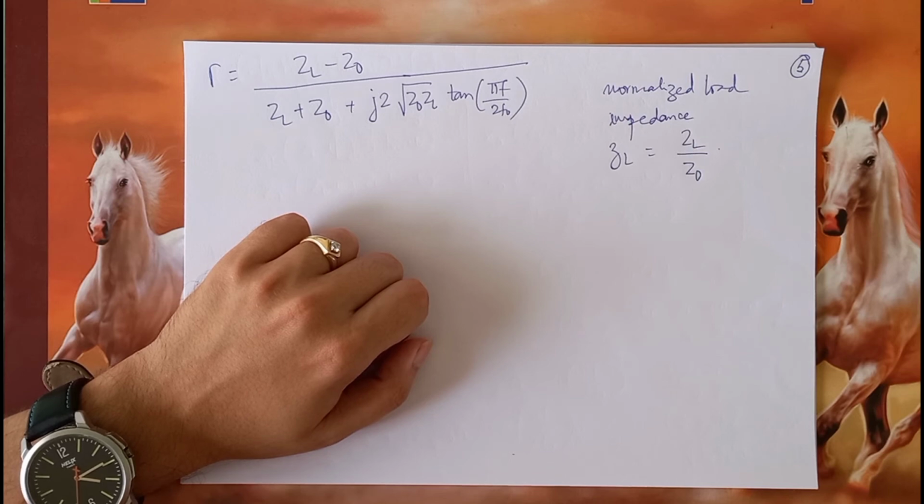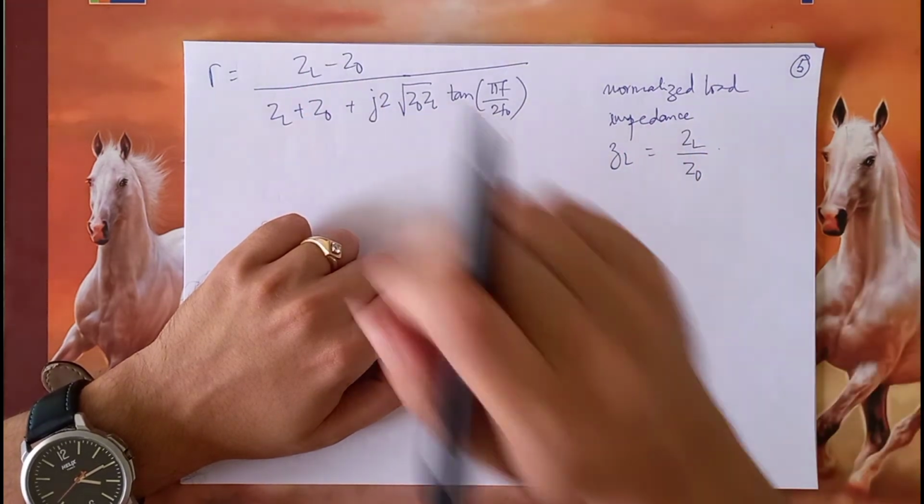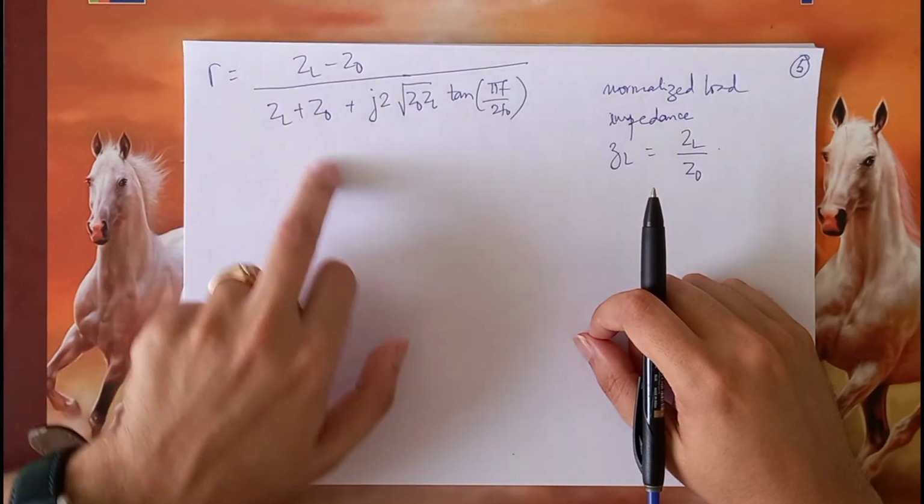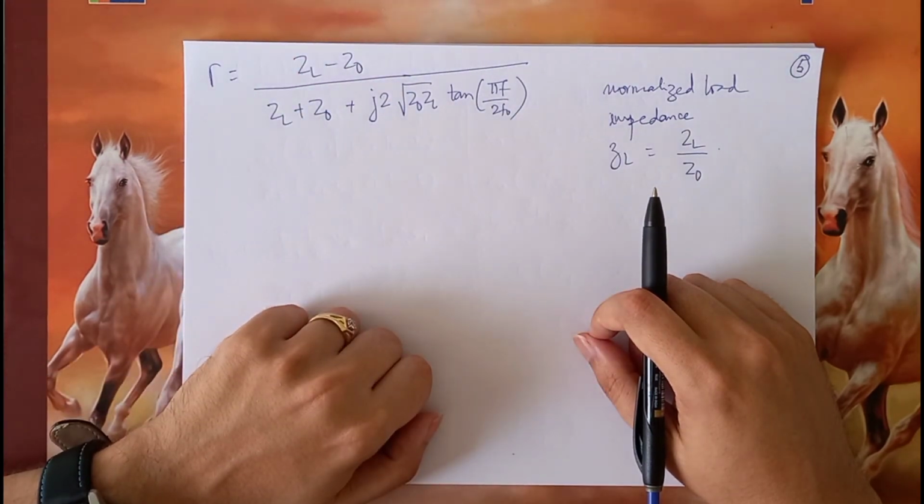So how can we put this over here? What if we divide the numerator and denominator by z0?